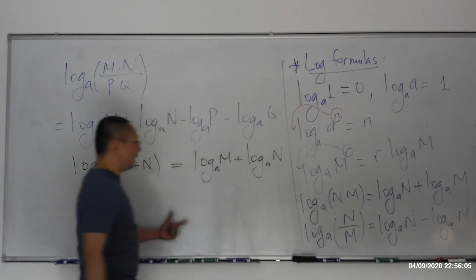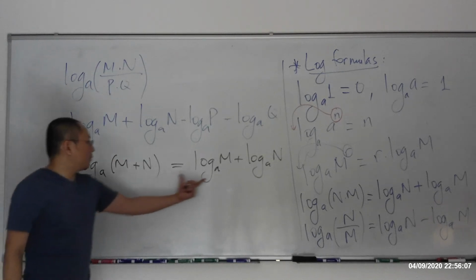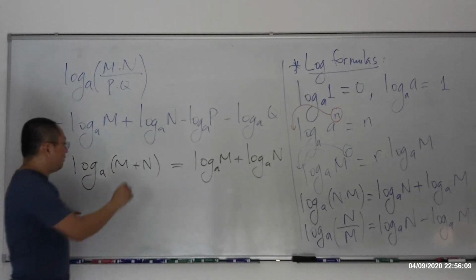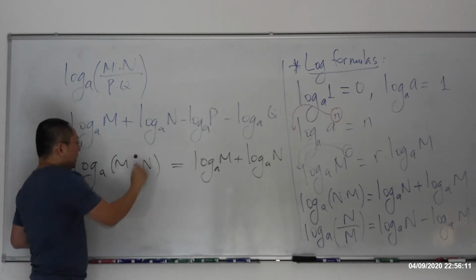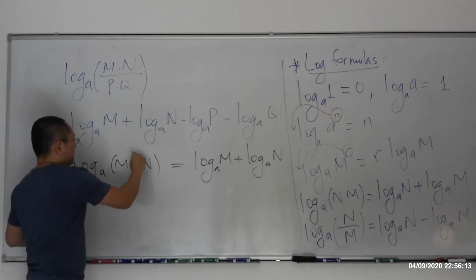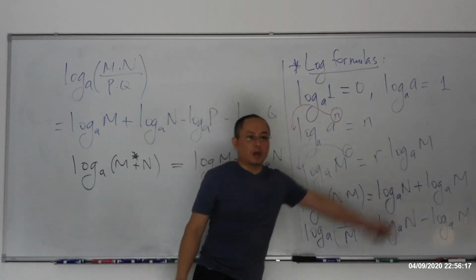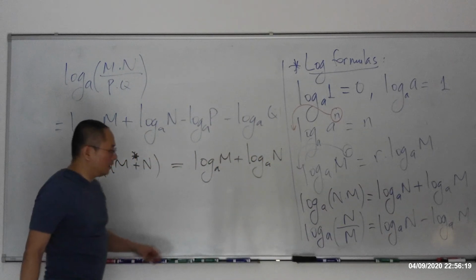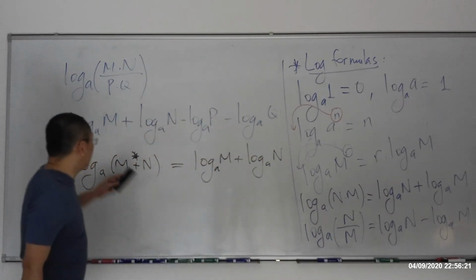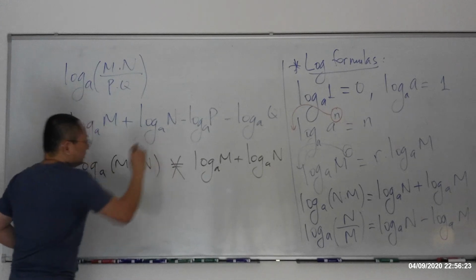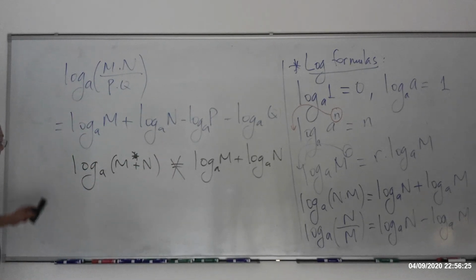And I claim this is incorrect. You can only have the sum of two logs if the argument is a multiplication. Then you can break it out, and the factors become a sum. Here you have the sum inside, so you can't simplify it that way. It's wrong. Be careful with this.